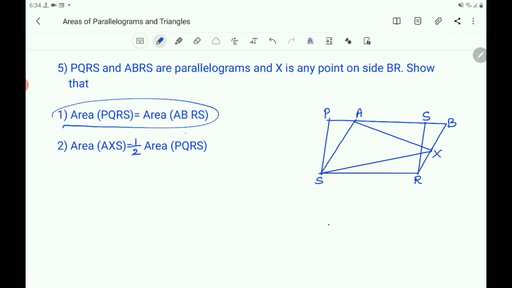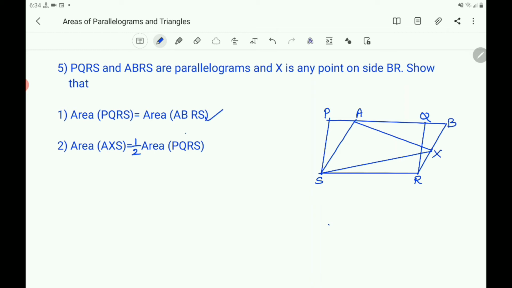Parallelogram PQRS and parallelogram ABRS are on the same base SR, and they are between the same parallels, PB parallel to SR. So their areas must be equal.